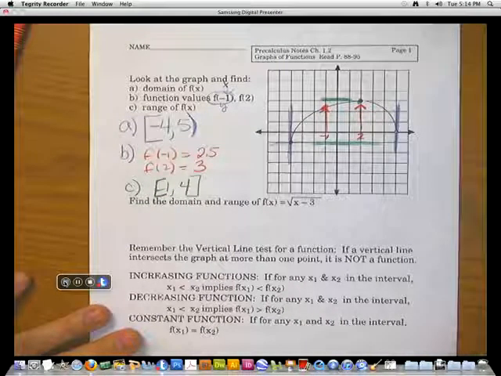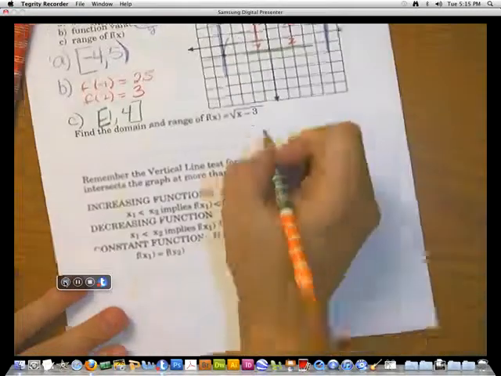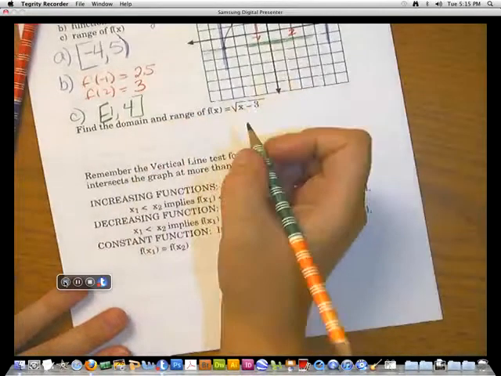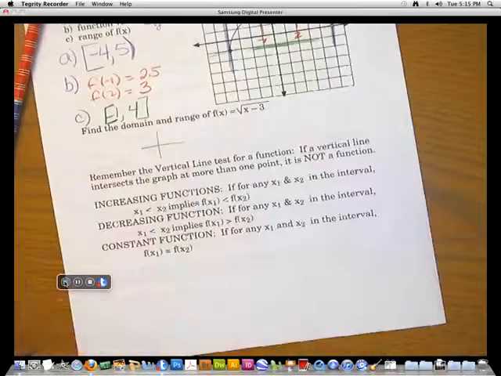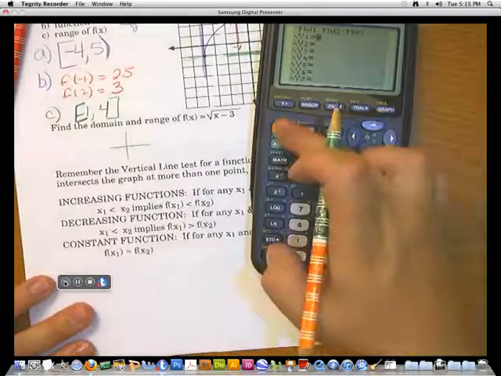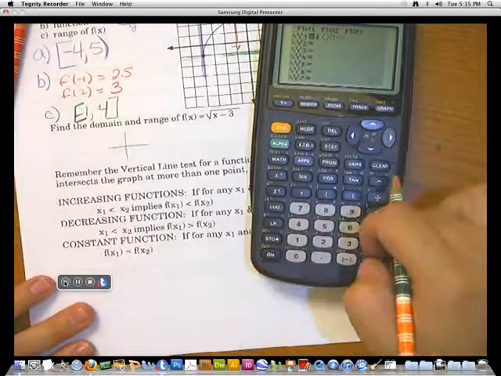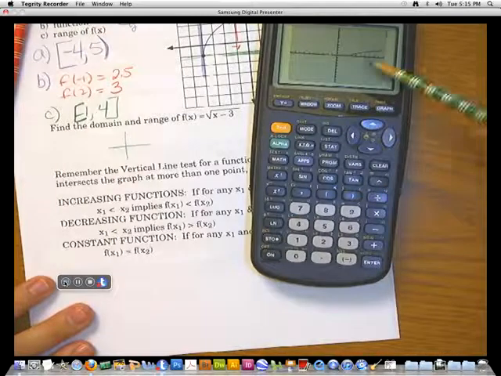Find the domain and range of f of x equals the square root of x minus 3. Okay, so when it comes to this picture, we can put it in our calculator. And when we put it in our calculator, we're going to get the square root of x minus 3. And there's our picture.